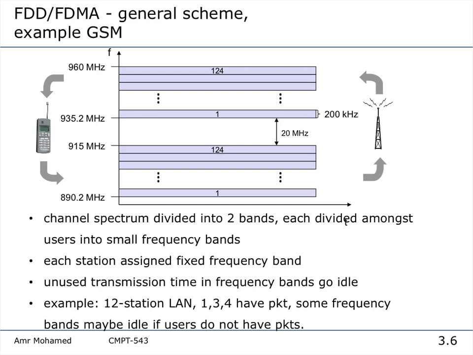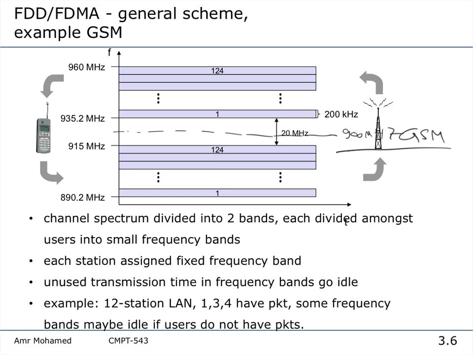One of the common examples here is GSM. This is 900 megahertz GSM, which means that the center frequency or the carrier frequency is 900 megahertz.